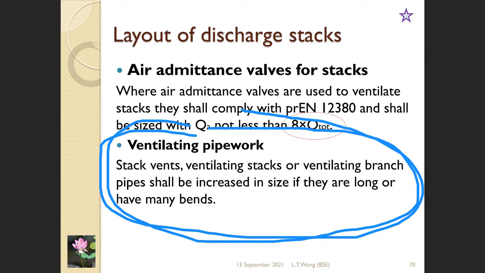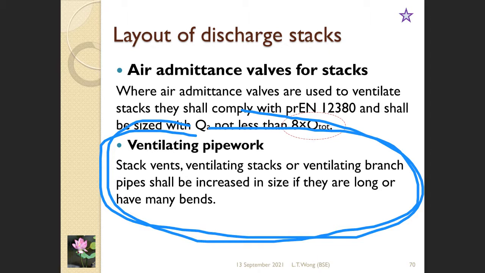Therefore, I have to address this seriously: for very high-rise buildings, the ventilation pipe size has to be increased. You can look at some residential buildings of around 30-something stories.